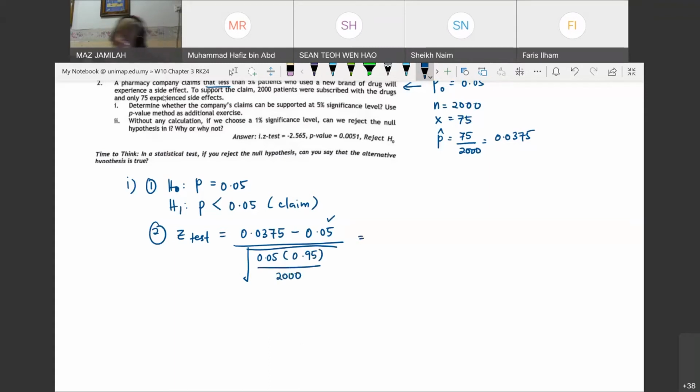Can someone calculate? We just recheck. 0.0375 minus 0.05 divided by the square root of 0.05 divided by 2,000.